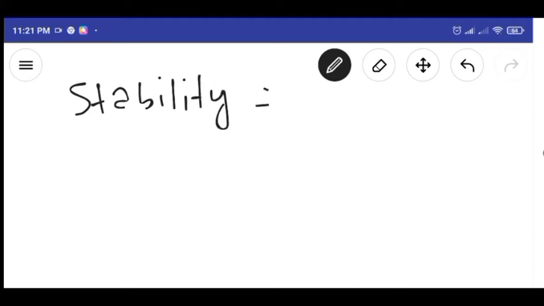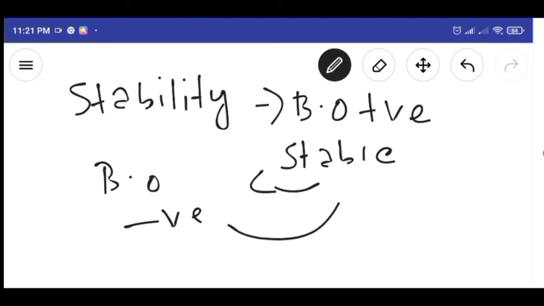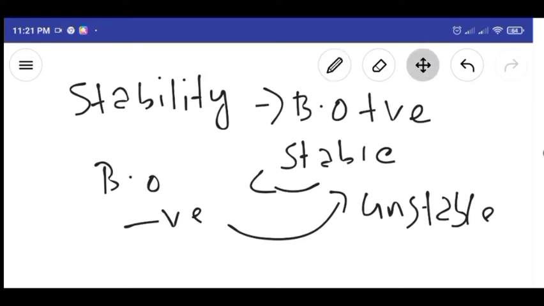If bond order is positive, then the molecule is stable. Vice versa, if bond order is negative, the molecule will be unstable. So by seeing the bond order, we can predict the stability of a molecule.